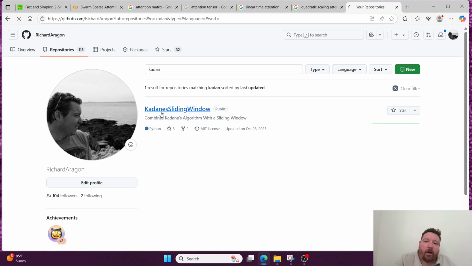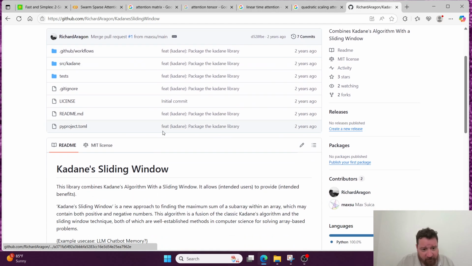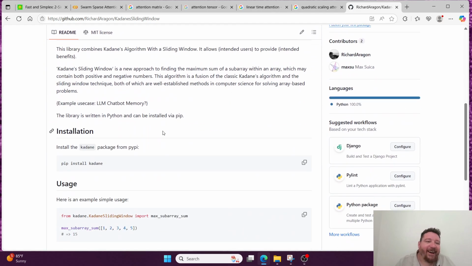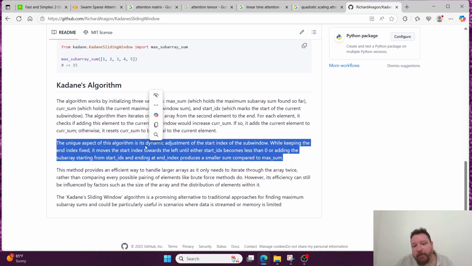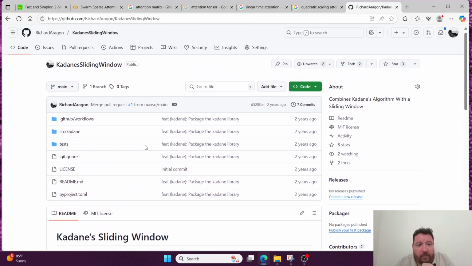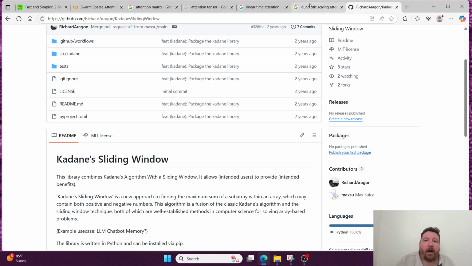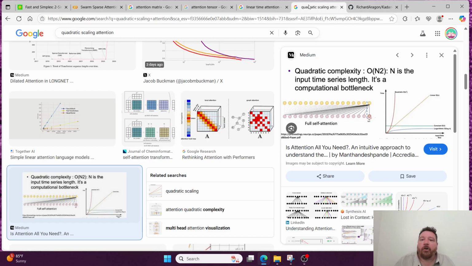But here we go, October 23rd, 2023. This is Kadane's sliding window, and this is a sliding window very specifically for the attention mechanism. This is not the same as the Meta sliding window, but it's the same underlying concept.